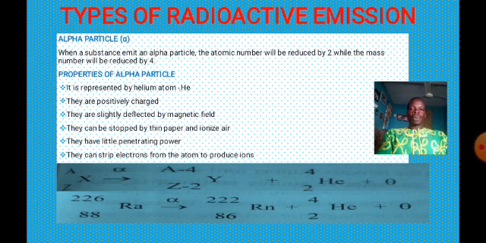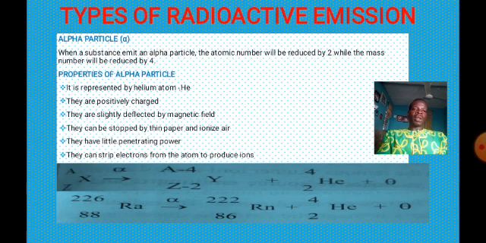If you look at the example below, we have element X with atomic number Z and mass number A. When this element is bombarded with alpha particle, it will produce another element called Y. In this case, the atomic number of Y will be reduced by 2, so that is why we are having Z minus 2. And the mass number of Y will be reduced by 4, and that is why we are having A minus 4.